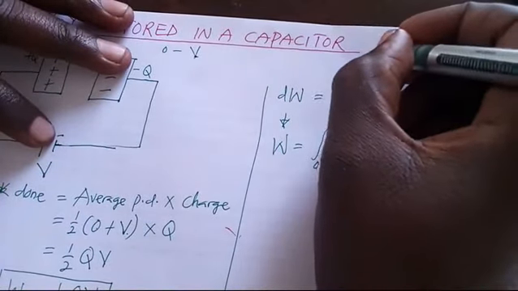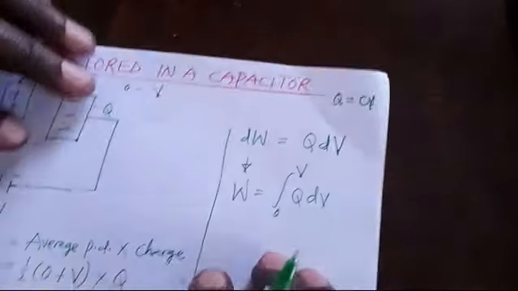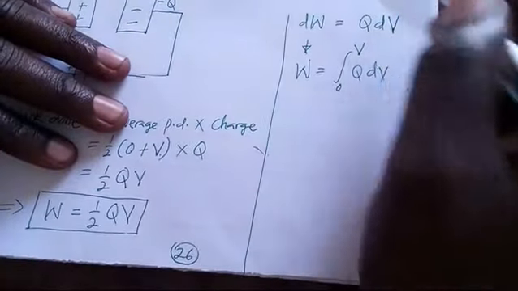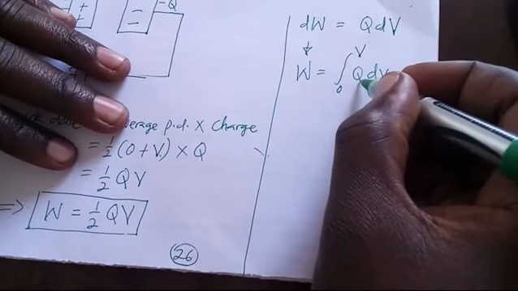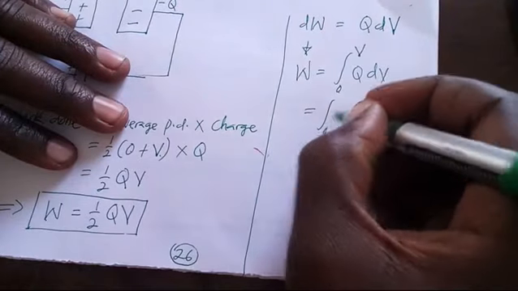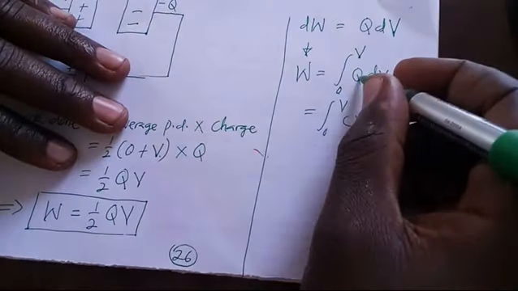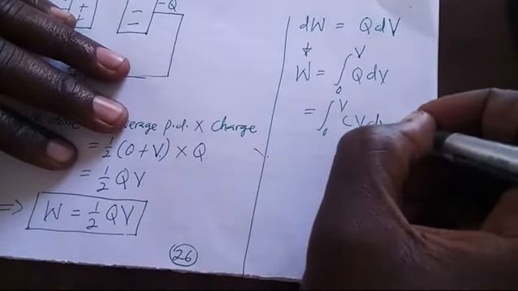Good. Remember that there is a formula that says Q is equal to CV, right? So instead of Q here, you can substitute CV for Q. So this is equal to the integral from 0 to V of CV, this is your Q, and then you still have dV.